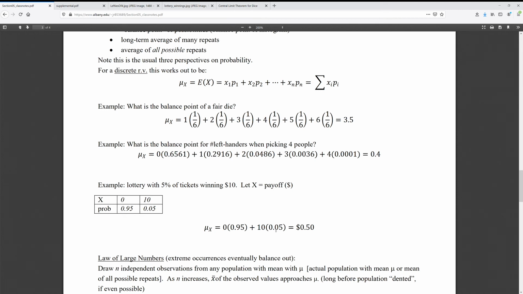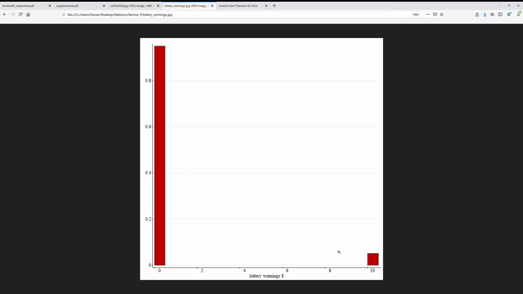So no particular lottery ticket is worth anything like 50 cents. It's either worth nothing or $10. Bear in mind, because this thing is so skewed, it doesn't really have enough bars to rise to the level of being skewed, but it is certainly asymmetrical, right? So you don't have a lot of instinct for where the balance point is, but nevertheless, the calculation tells us that it would be there at 0.5.